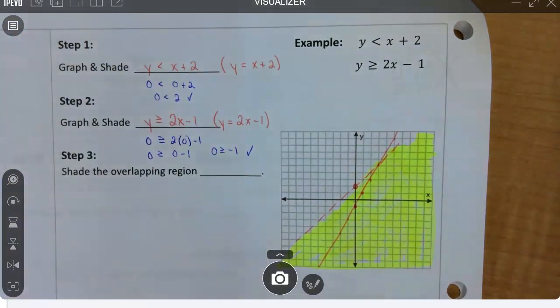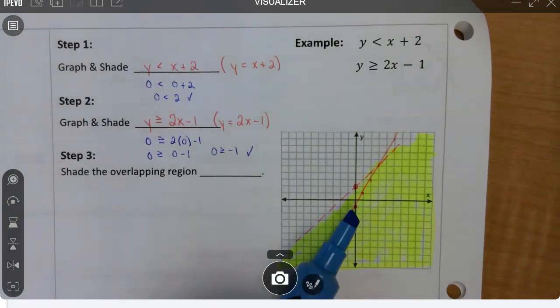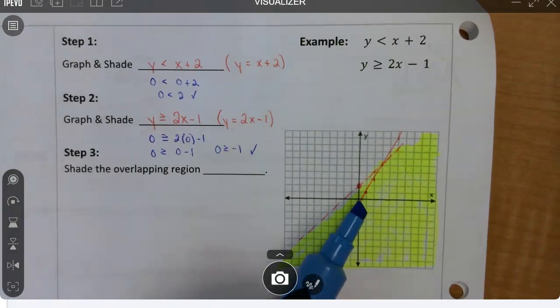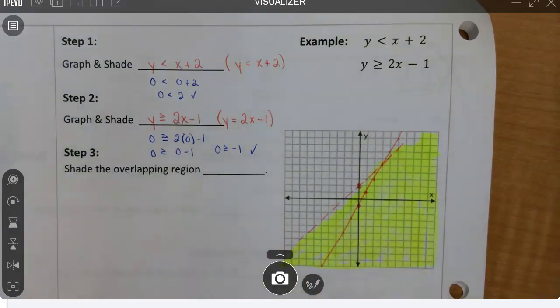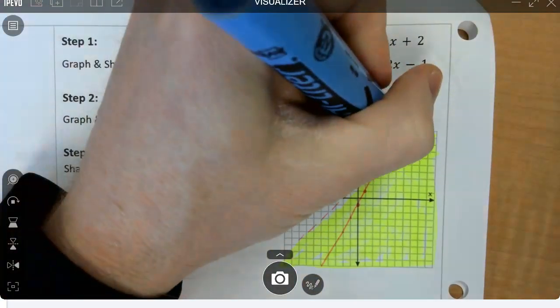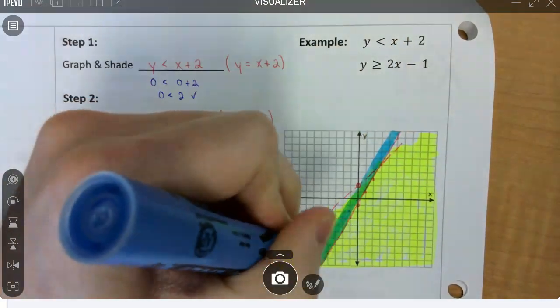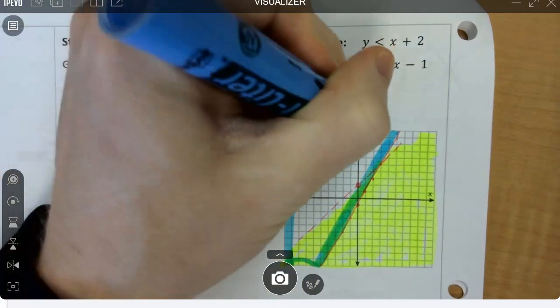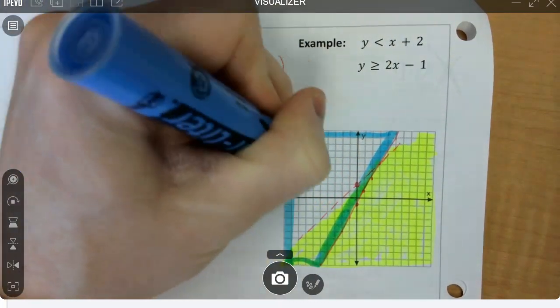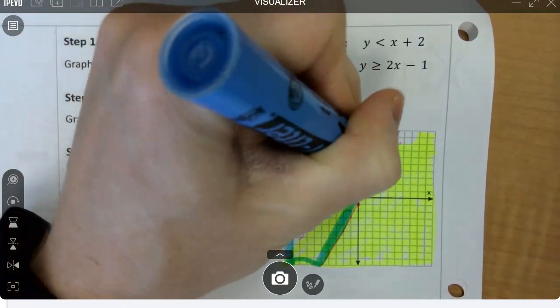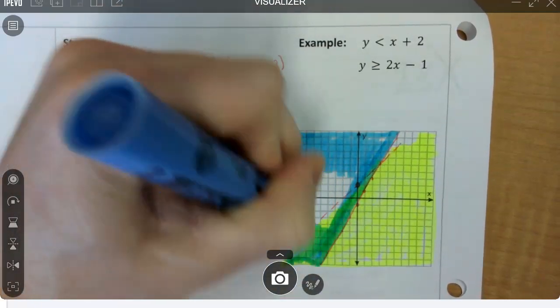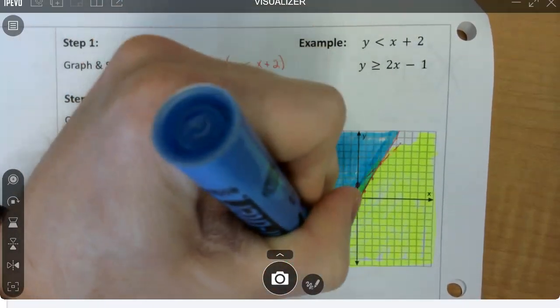Yes, it is. So now I'm shading everything where 0, 0 is compared to the solid line. So since 0, 0 is above the solid line, I'm shading everything that is above. And of course what you're going to see is where they overlap. So I'm only now looking for my solution where the yellow and the blue overlap.